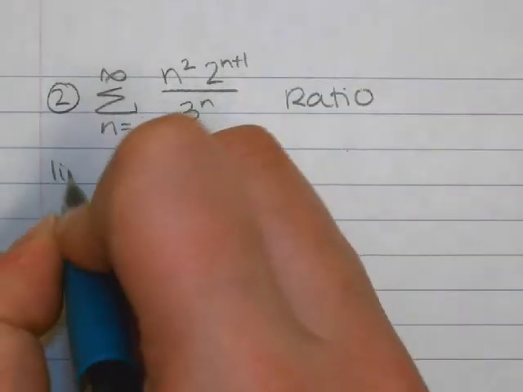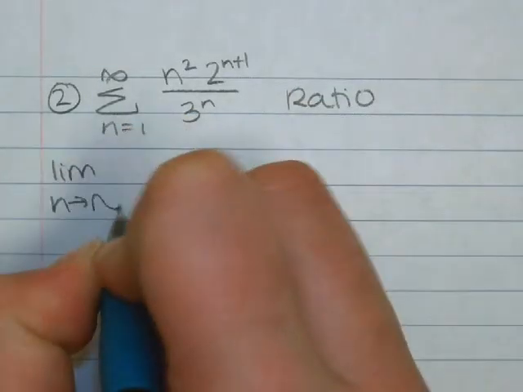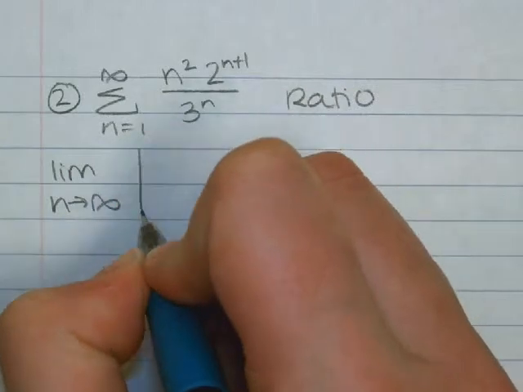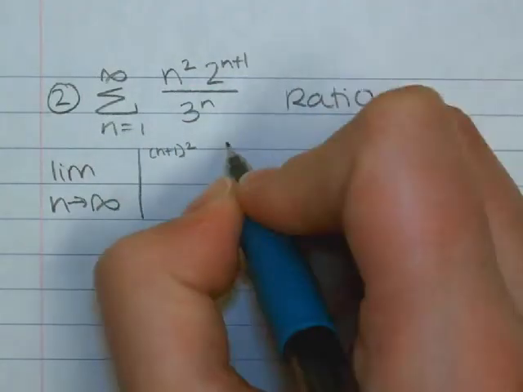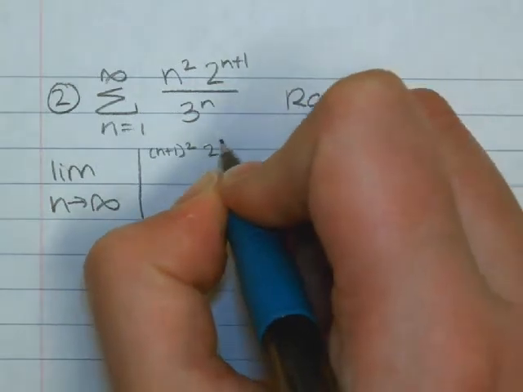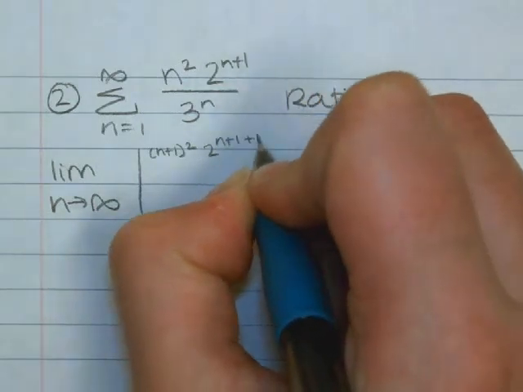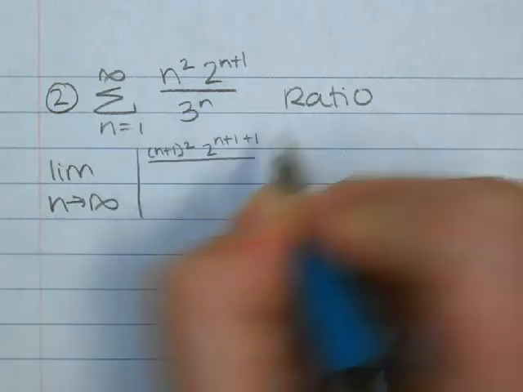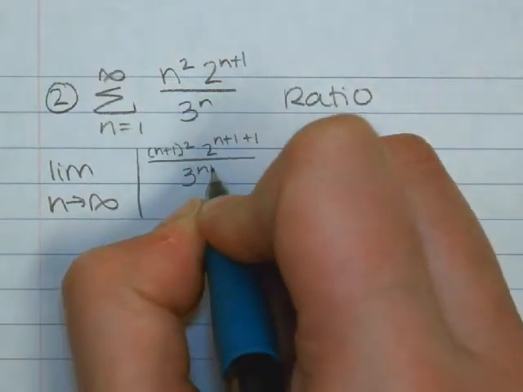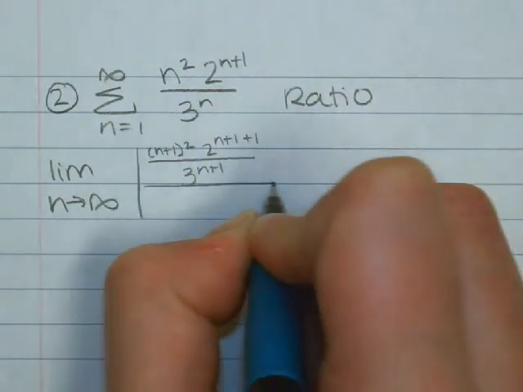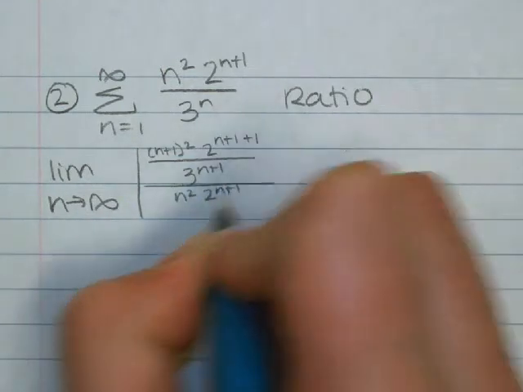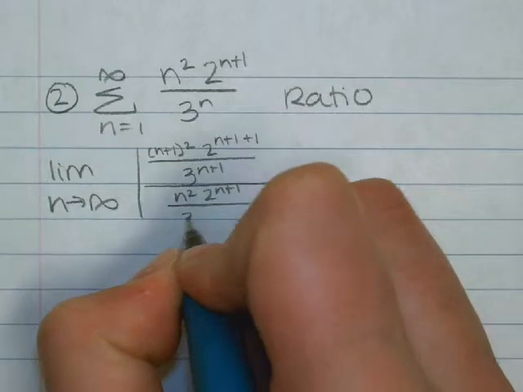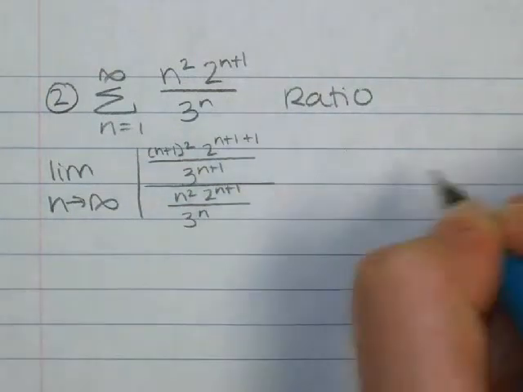We're going to do the limit as n goes to infinity of n plus 1 squared times 2 to the n plus 1 divided by 3 to the n plus 1, and then we have n squared 2 to the n plus 1 over 3 to the n.